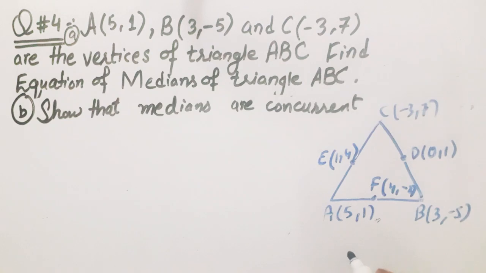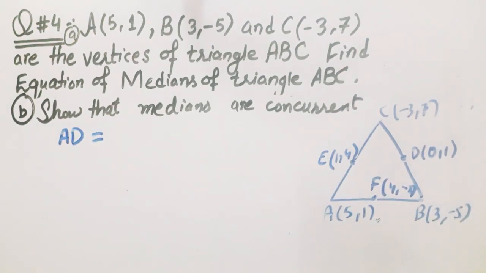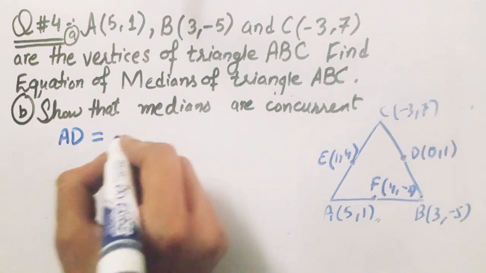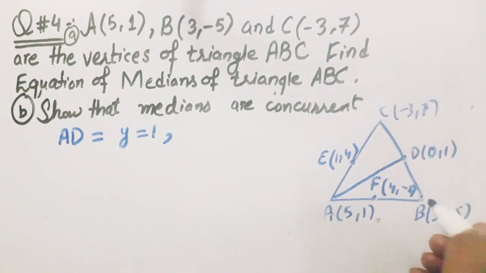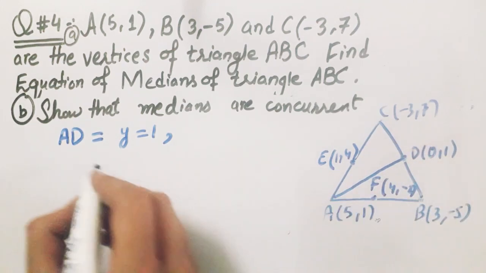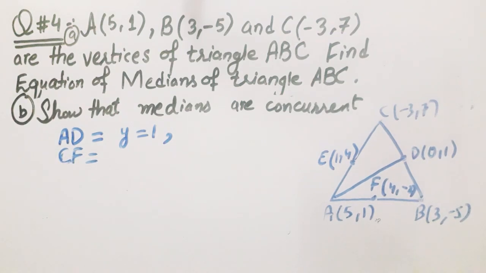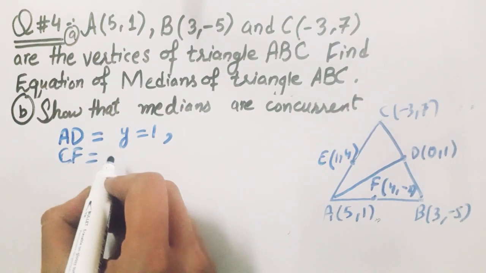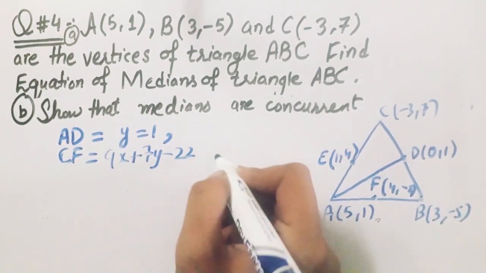And we have also found the equations of AD, BE and CF. The equation of AD we found in the A part was y is equal to 1. The equation of CF was 9x plus 7y minus 22 is equal to 0.